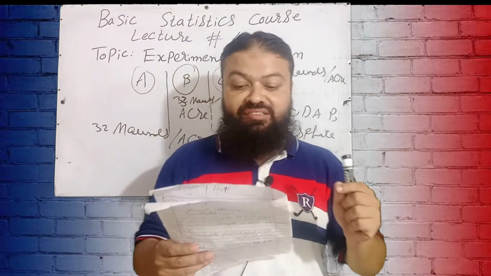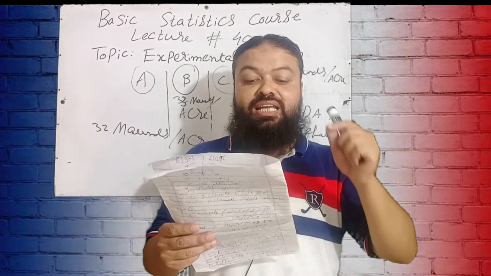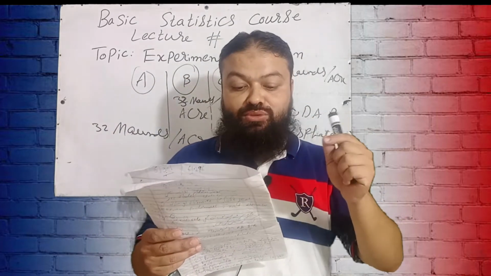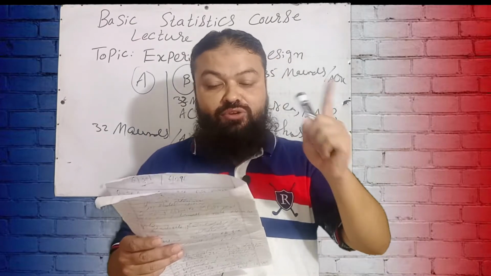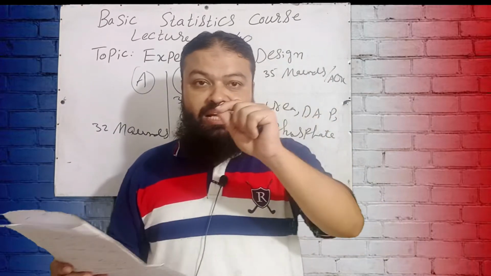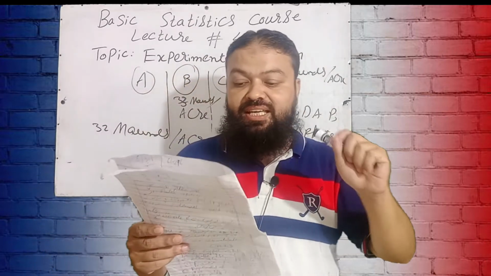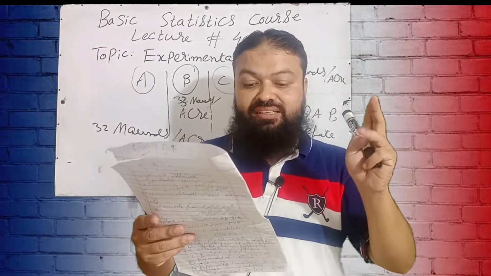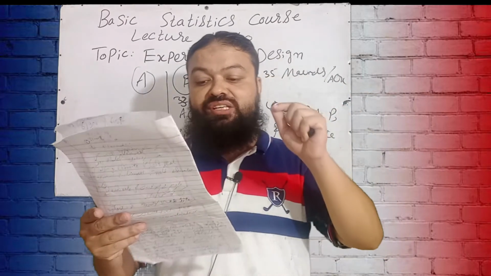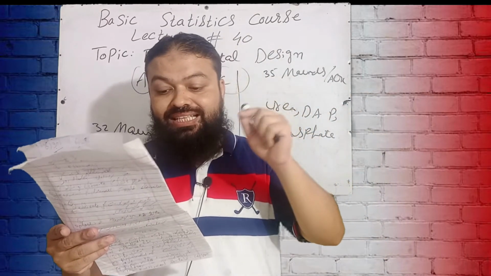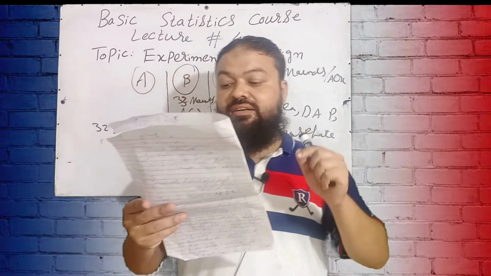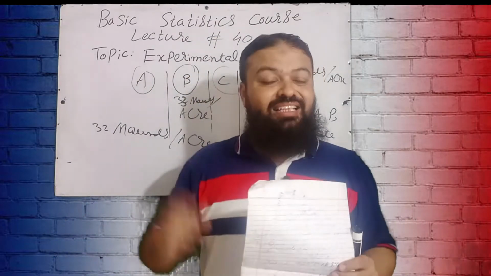Randomization is a process in which treatments are allocated to the experimental unit. A, at the will of the investigator. No, we cannot apply by our own will. That is not called randomization. B, in a sequence. Incorrect. C, by choosing the units alternatively. Incorrect. D, with equal probability. Yes, that is the correct one.